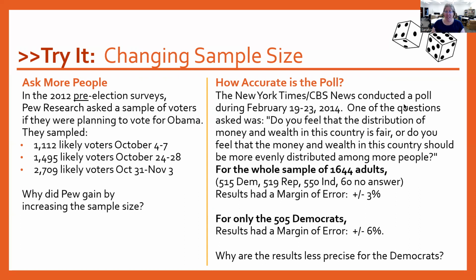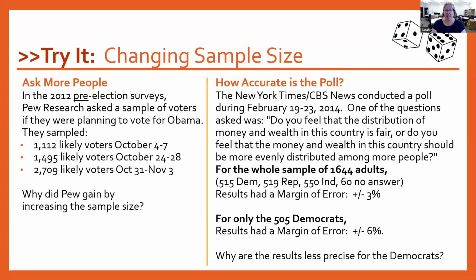One more: how accurate is the poll? The New York Times and CBS News conducted a poll in February 2014. One of the questions asked was, do you feel that the distribution of money and wealth in this country is fair? Or do you feel that the money and wealth in this country should be more evenly distributed among more people?